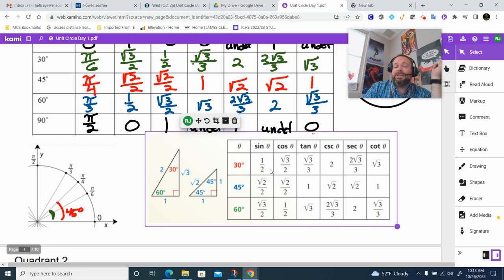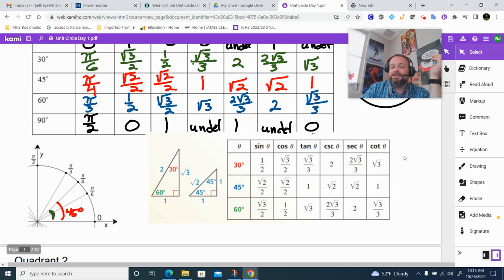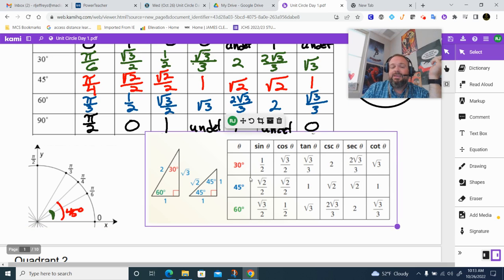Y'all actually had these answers, well, yeah, these answers to most of this on Monday. This whole first coordinate is based off these 30, 60, 90, 45, 45, 90 triangles. That might be important to know later.